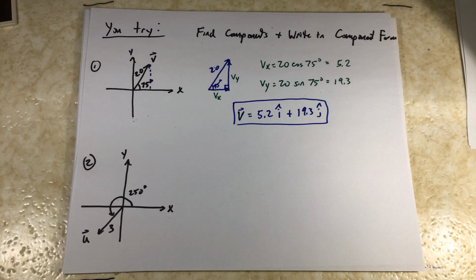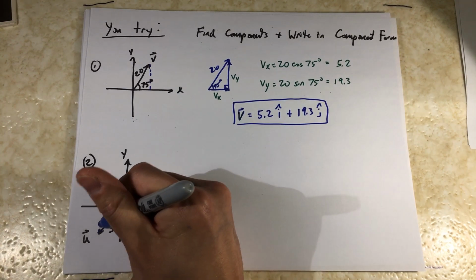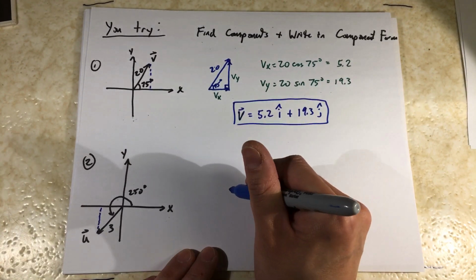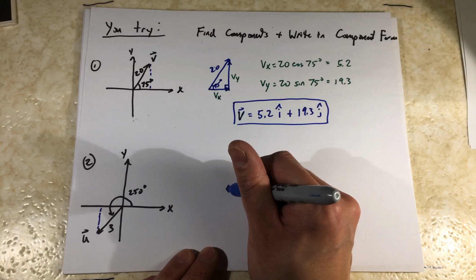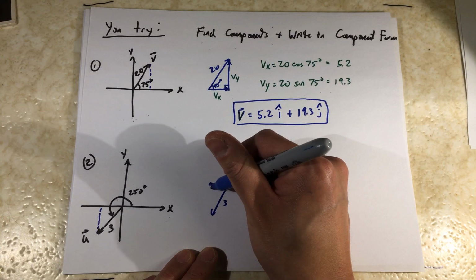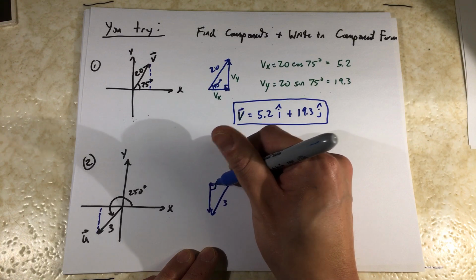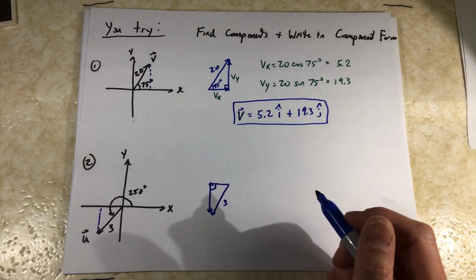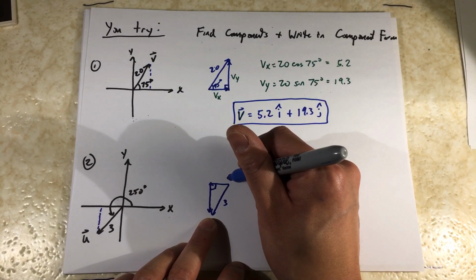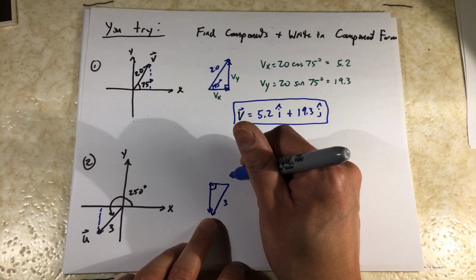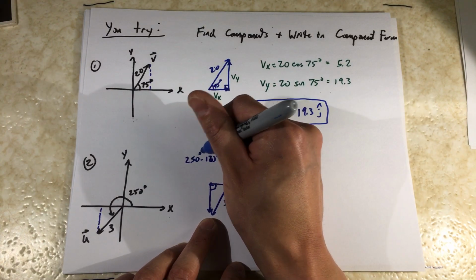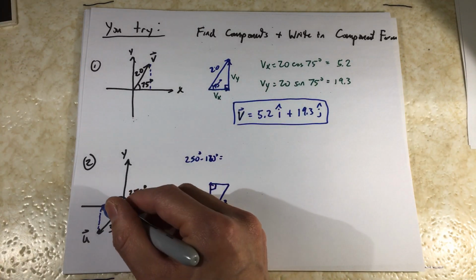Again, what I do is extend it from the tip to the x-axis. In this case, I'm extending it upward. So my vector, I'll draw it over here. It goes like this, a length of 3, and then it goes to the left and downward. The angle in this triangle would be 250 minus 180, because 180 is from here to the negative x-axis.